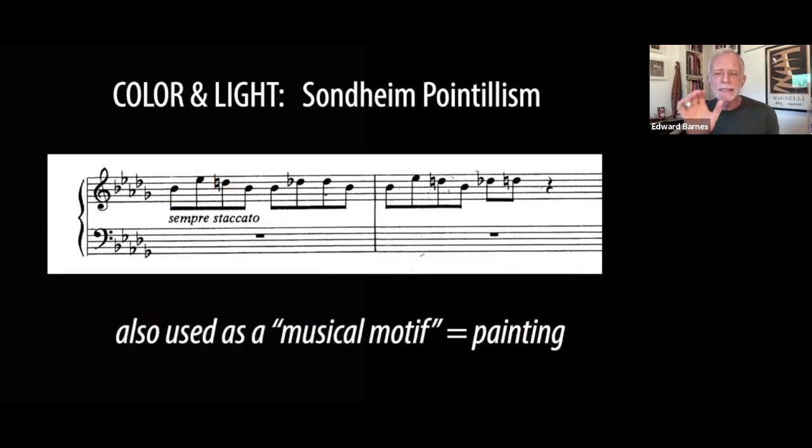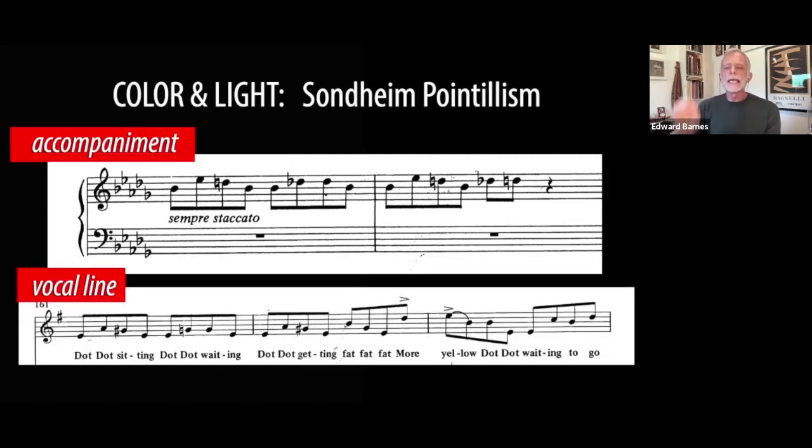Now, once he creates it in this particular song, it also becomes a musical motif within the show, and he's going to use that to represent the idea of painting musically. Again, he's trying to storytell with the music the act of painting. He does this both as an accompaniment figure, that means it's instrumentally in the orchestra or on the piano, and it's also later in the scene sung.